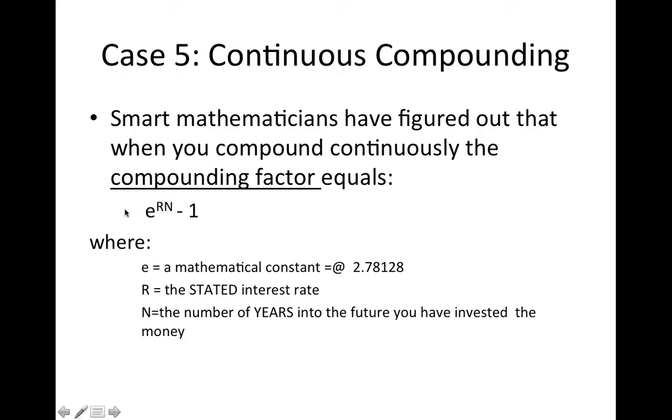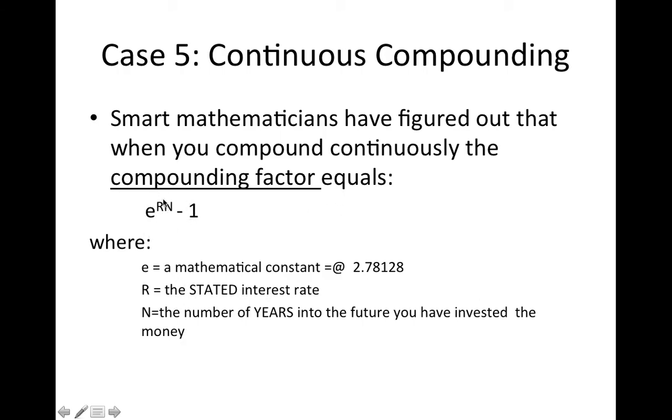That probably looks like nothing to you. e is what's called a mathematical constant. It has a value of about 2.71828. It's used a lot, not just in finance, but in a number of sciences.